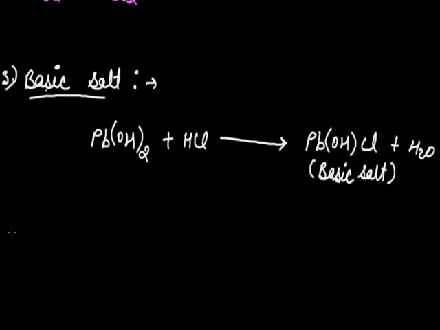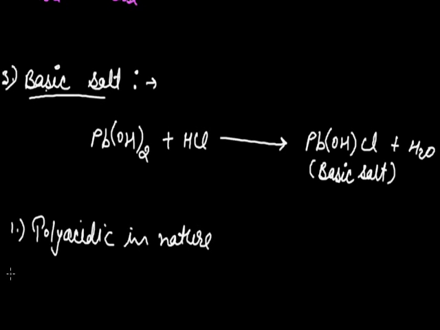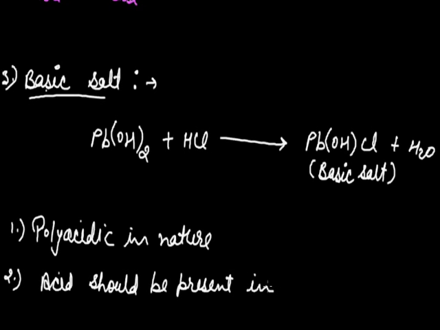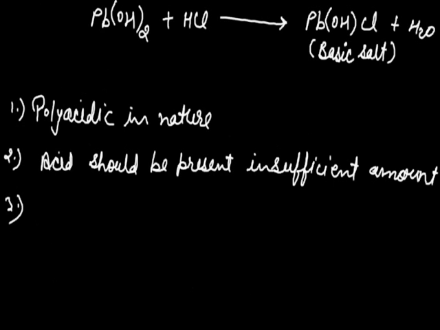And the condition is that base should be polyacidic in nature. And second condition is acid should be present in an insufficient amount. And third is partial replacement of hydroxyl group.